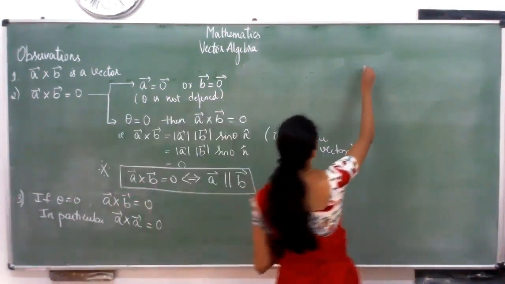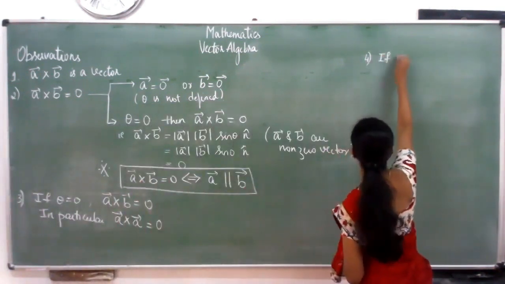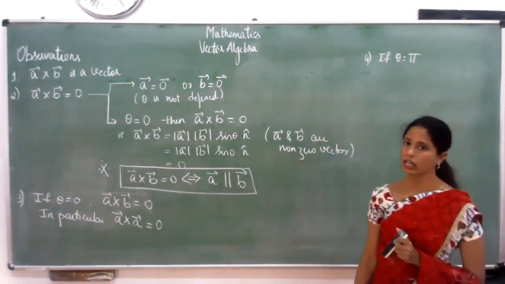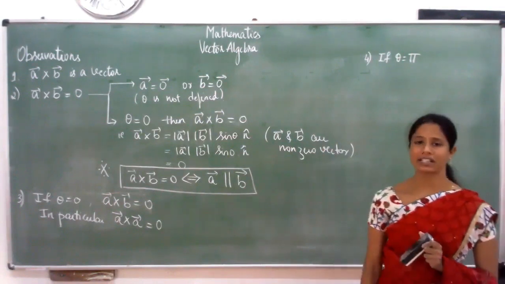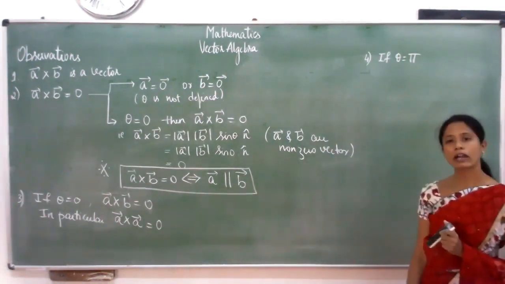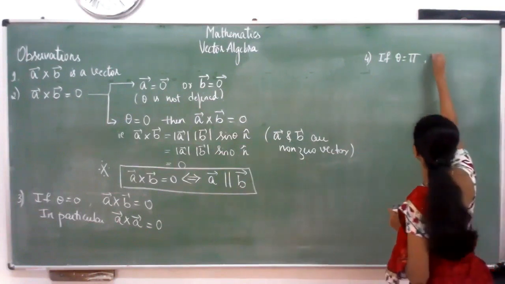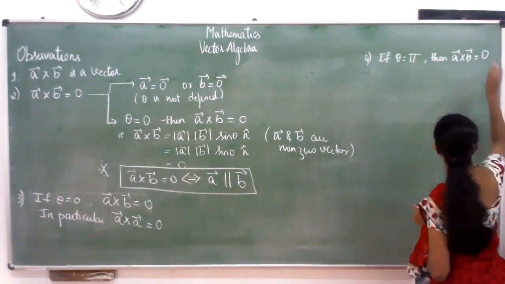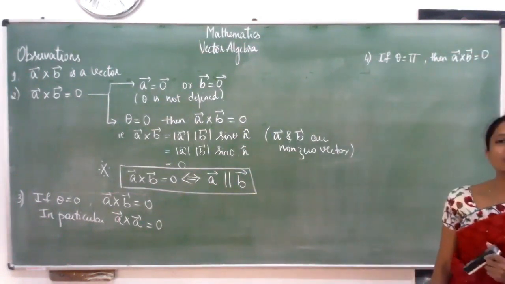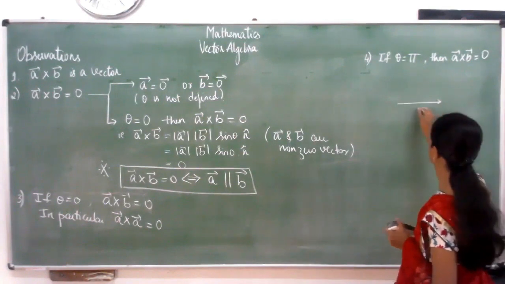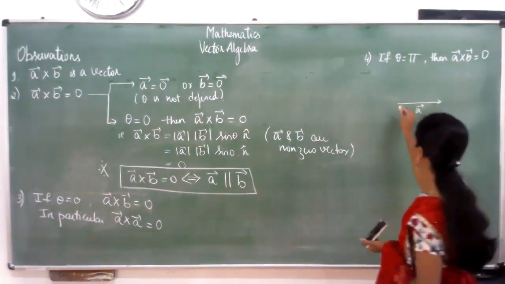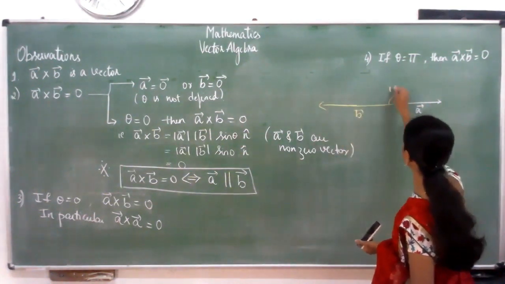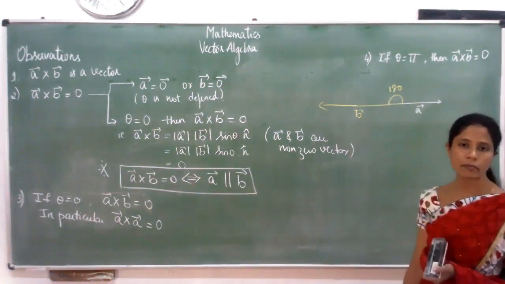Next, fourth observation. In the case where theta is equal to 180 degrees, meaning the angle between the two vectors is 180 degrees, then vector A cross vector B is again equal to 0. This is vector A. You have another vector B, and the angle between them is 180 degrees.